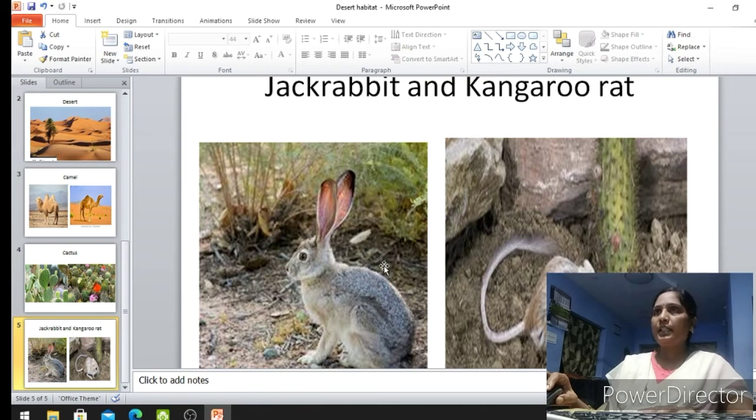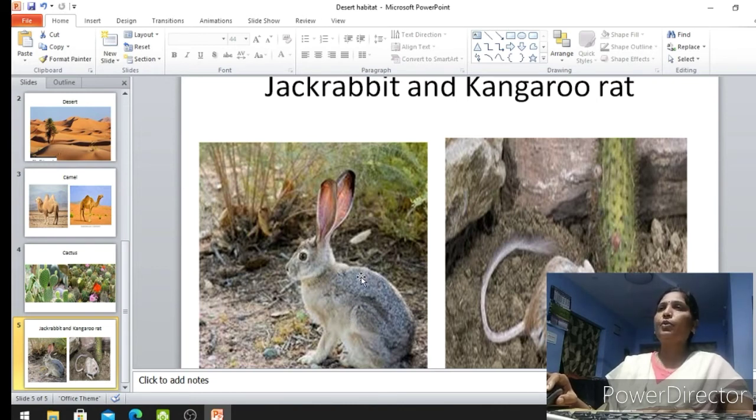When you see the other animal which lives in desert areas, that is the jackrabbit. This jackrabbit has very large ears and its fur color merges into the surroundings. In the first class I told you about camouflage.